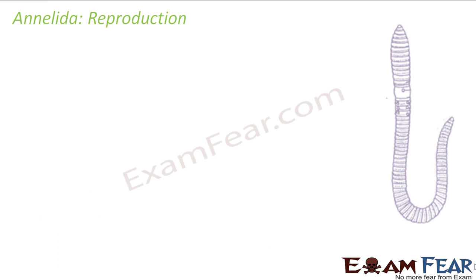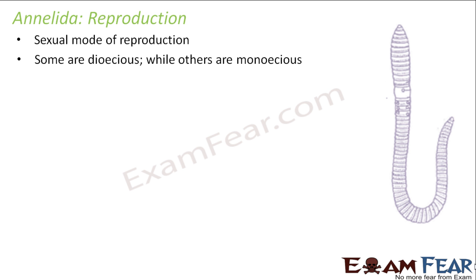Let us talk about reproduction now. Sexual mode of reproduction is common. Some are dioecious while others are monoecious. What do we mean by dioecious and monoecious? If the sexes are separate, that is, there is a distinct male and a distinct female, then we say that the organism is dioecious.